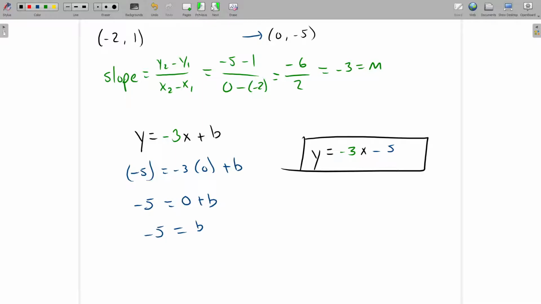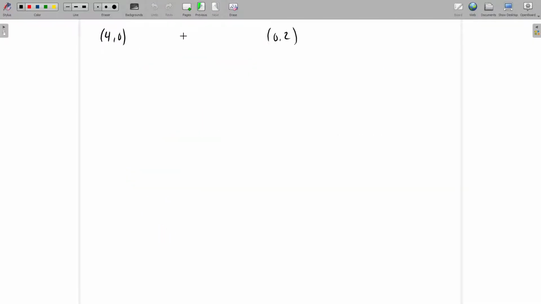All right, we have one more example to look at. We now have 4, 0, and 0, 2. So we always start the same way. We always find the slope first. So using the slope equation, we take the second y that we have, 2. We subtract the first y, 0.